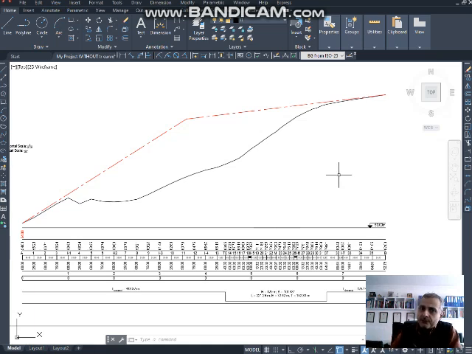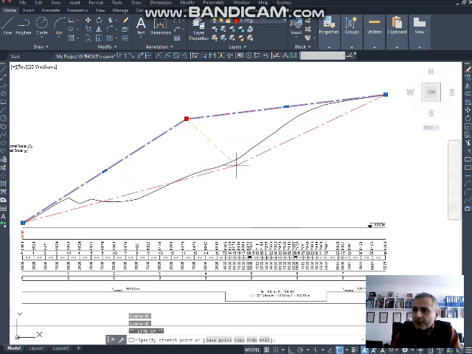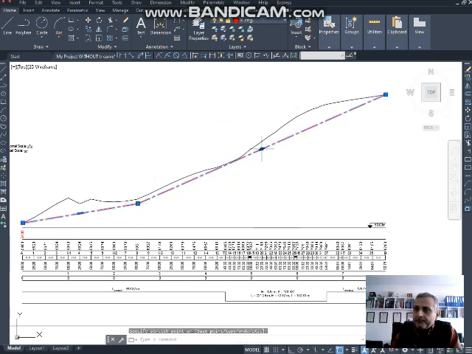Everybody's topography is different, therefore sometimes you might have a summit curve or sag type curve, depending on your topography. In my case, it looks like it is going to be a sag type vertical curve if I want to have only one curve here, or I might have two curves actually.